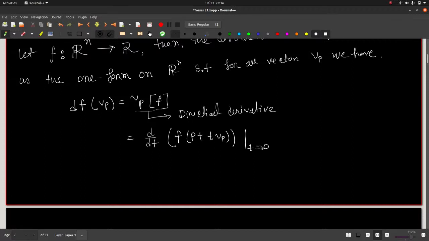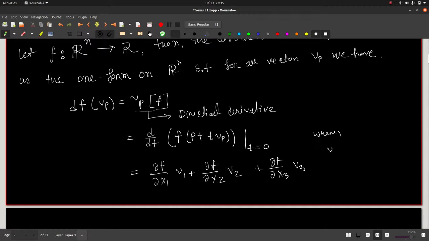That means at some certain point, right? And in our past lecture we saw that this was nothing but ∂f/∂x1 v1 plus ∂f/∂x2 v2 plus ∂f/∂x3 v3, where vp was written as v1, v2 and v3, like this, right?